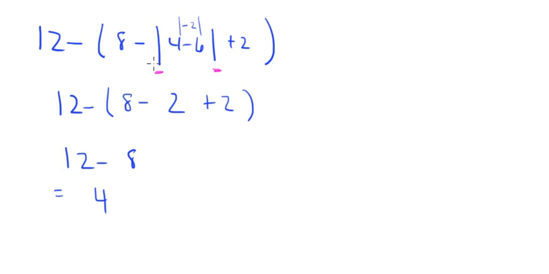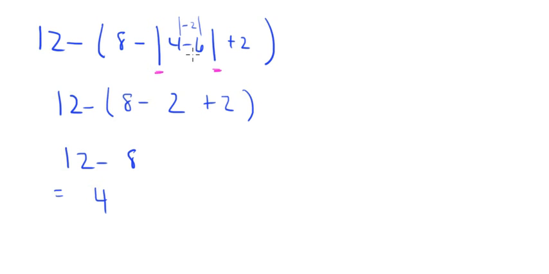You would do what's inside first. Absolute value has to be done first. Remember, absolute value is always positive because it's asking the question, how far away is this number from 0 on a number line? That's all it's asking. And that's all you have to know. All right, any questions with that at all?